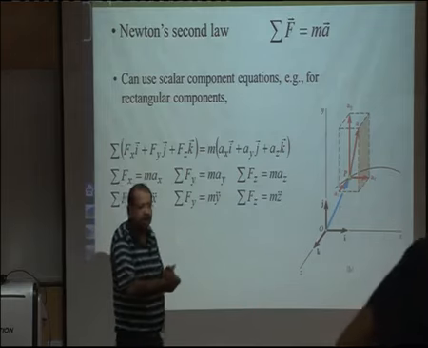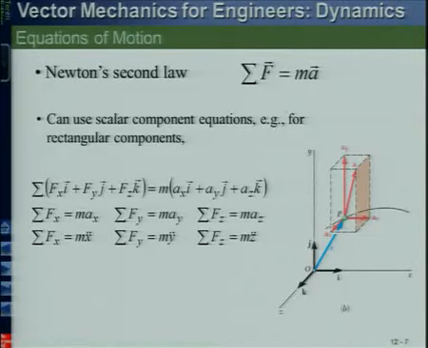If we go to Newton's second law, then we have the sum of F is equal to ma. We write it in terms of the Cartesian coordinates first of all. That means we express the acceleration in terms of ax, ay and az. So what we'll have is the sum of Fx is equal to m times ax, the sum of Fy is equal to m times ay, the sum of Fz is equal to m times az. Now, when is this form easy to use?